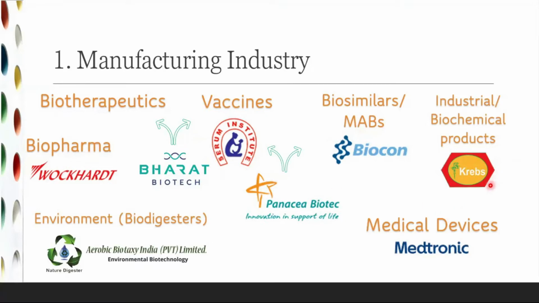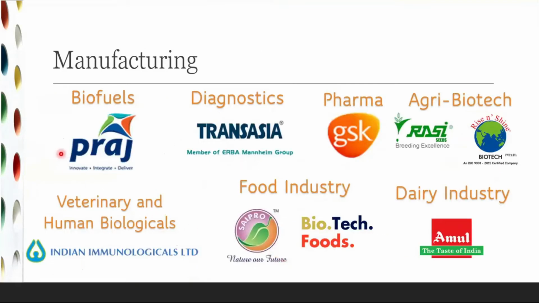Then you have Krebs, which is a company that produces industrial compounds or biochemicals by fermentation or biochemical engineering or biocatalysis. Then you have Medtronic, which manufactures medical devices, and Aerobic Biotaxi, which makes digesters and falls in the bioenergy group, where we also have Praj Industry that's involved in biofuel manufacturing.